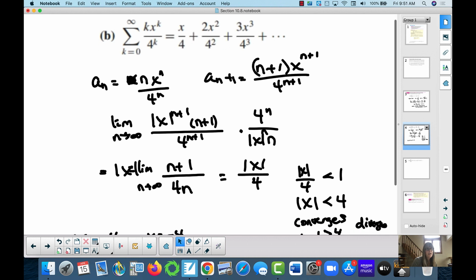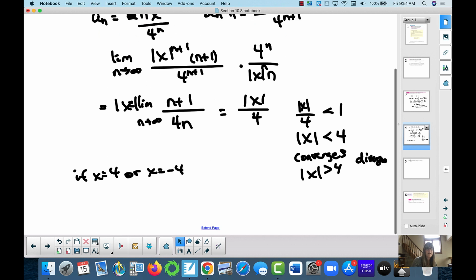Same thing for negative 4. If we look at partial sums, if we look at all the positive cases, that's just going to keep getting bigger. If we look at all the negative cases, that's just going to keep getting bigger, become a bigger negative number. So that also diverges. So both of those diverge.